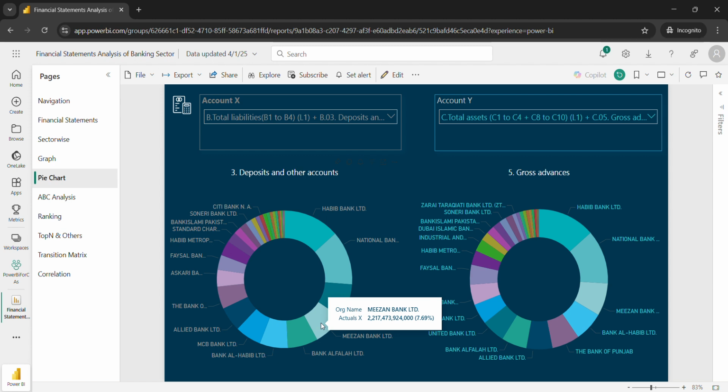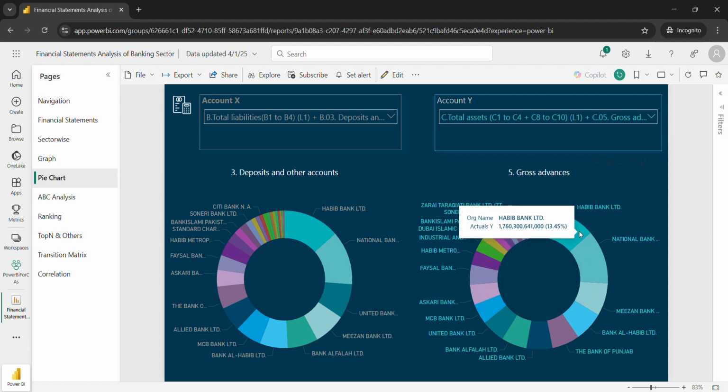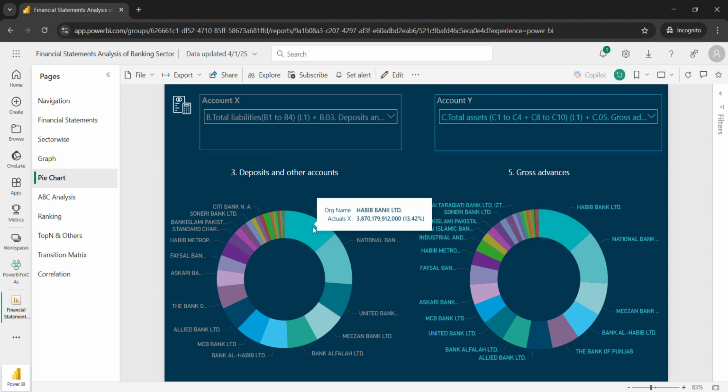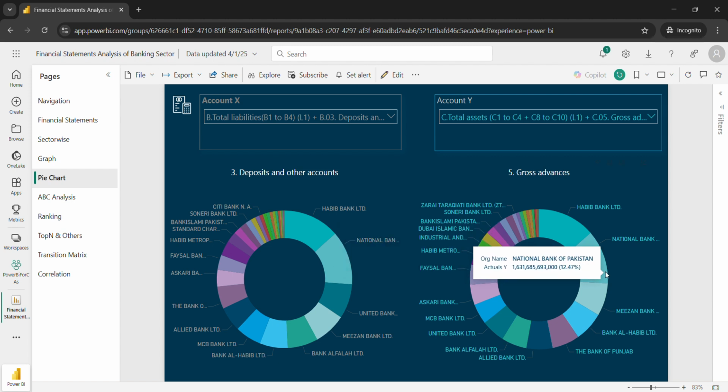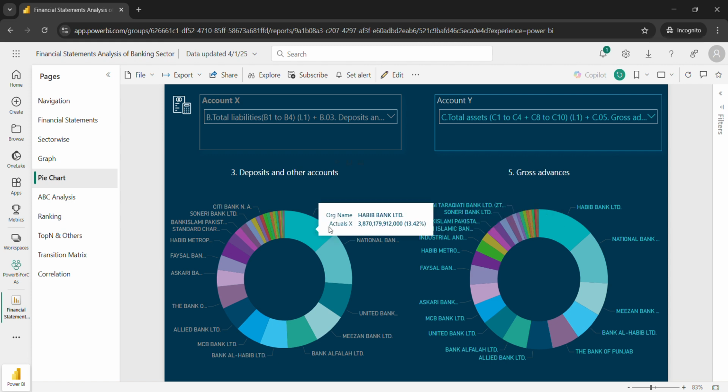This is all on the latest year's figures. On the advances side, we have almost the same percentage of market share for Nizam Bank. However, if you look at HBL, it has gross advances of 13.4%. And yes, we have all the other analyses as well.